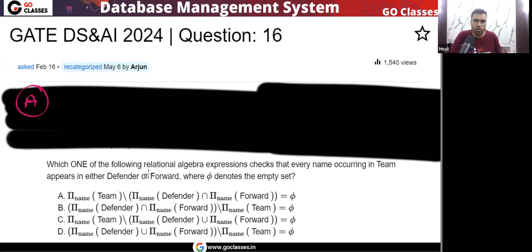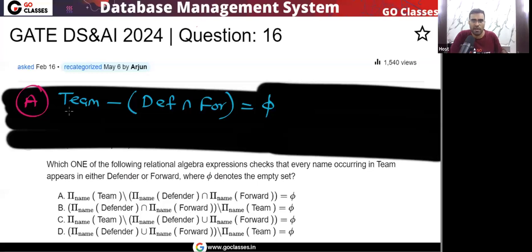In option A, you can see from team we are subtracting the intersection of defender and forward, and that is phi. What does it mean? It is like from team you are removing the intersection of defender and forward, and that is phi. It means every element here is here.